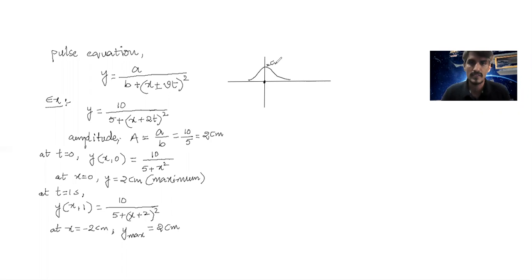That is 2 centimeters. Then after what distance do we again get y value 2? After minus 2 centimeters, in the x direction only, at minus 2 centimeters, again you will get a maximum value.